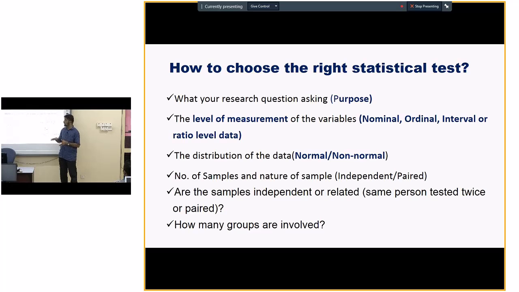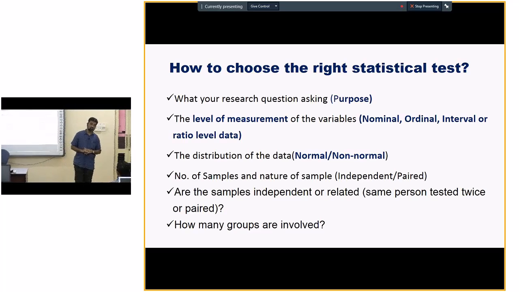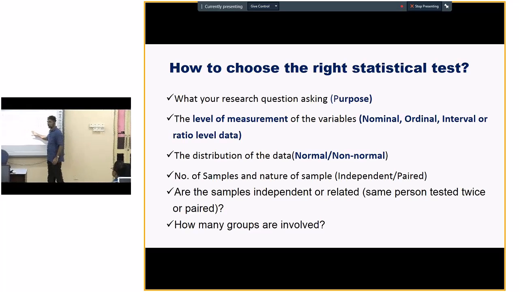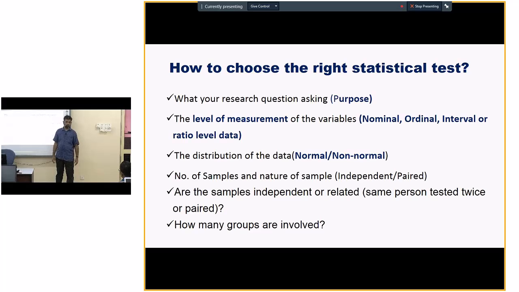There are some criteria for using the parametric test. Further we can discuss, right? Generally we need to consider whether the data follow a normal distribution or not. That is the most important criterion for applying the parametric test. If it is normal, then we can go for the parametric test. Otherwise, if it is non-normal, we have to go for the non-parametric test, right?